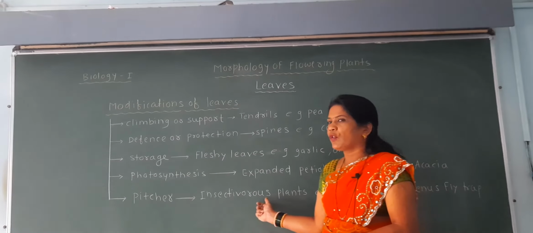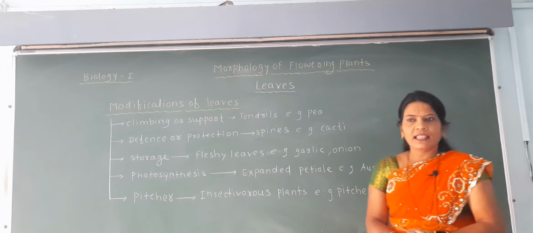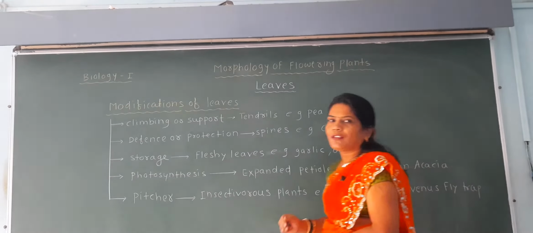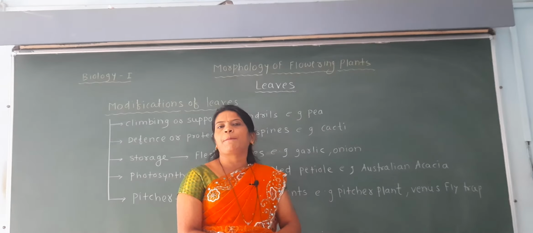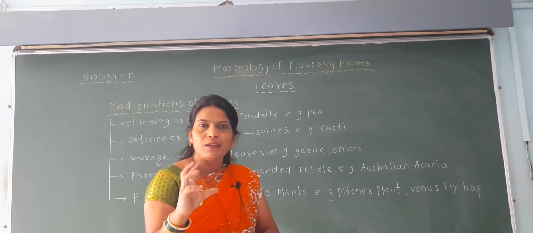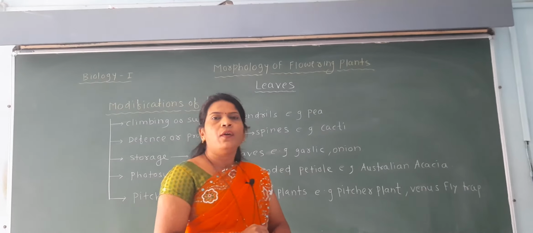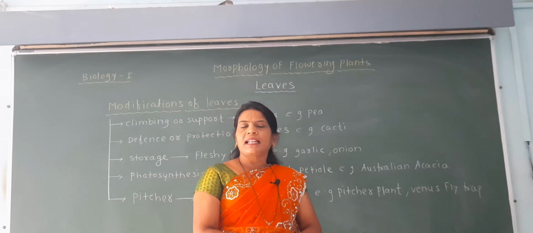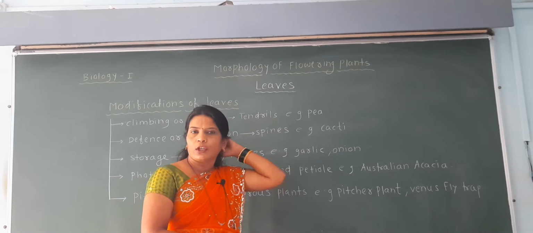So in insectivorous plants there is one modification that is called the pitcher, and the examples given are the pitcher plant and the Venus flytrap. Pitcher means their leaves are modified in such a way that when any insect sits on those leaves, they immediately capture and eat that insect, and that's why these plants are called insectivorous plants.